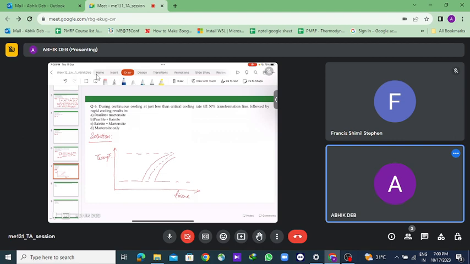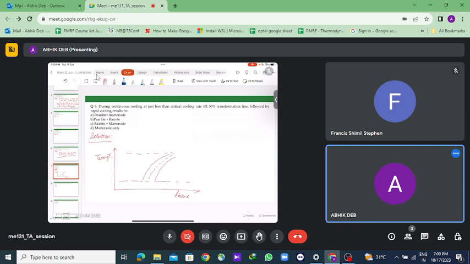See, it states that it is just less than the critical cooling line. So the critical cooling line is this. Just less than this will be something like this. Continuous cooling till the 50% transformation. If it is much lesser than the critical cooling line, then it would have gone in this direction, but it is not so. So we will have to take just less than the critical cooling line.